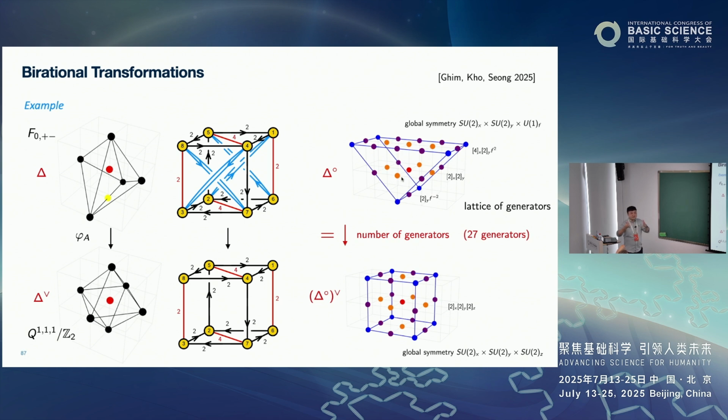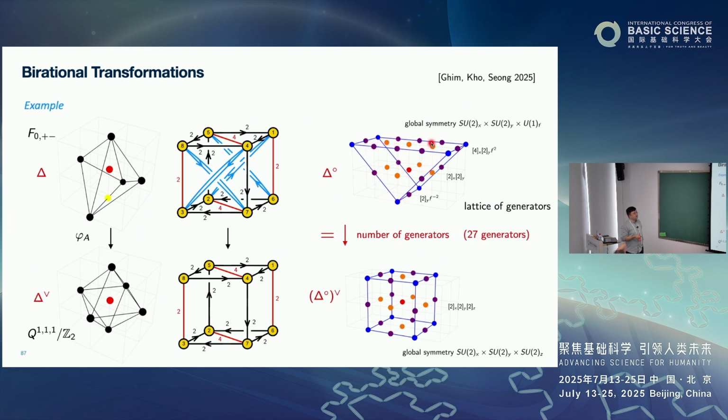Either from a mathematical point or from the gauge theory point, that's what we call the lattice of generators. It's a polar dual polytope, and every point in the polar dual polytope is a generator of the moduli space.